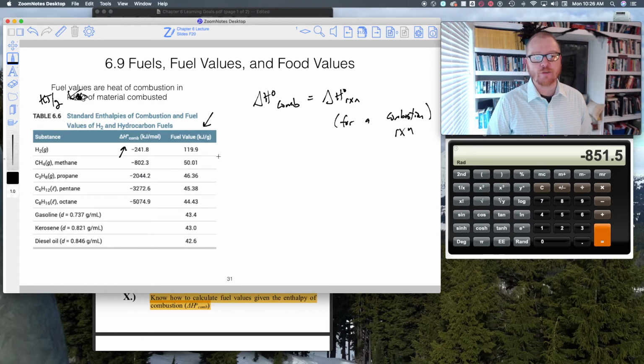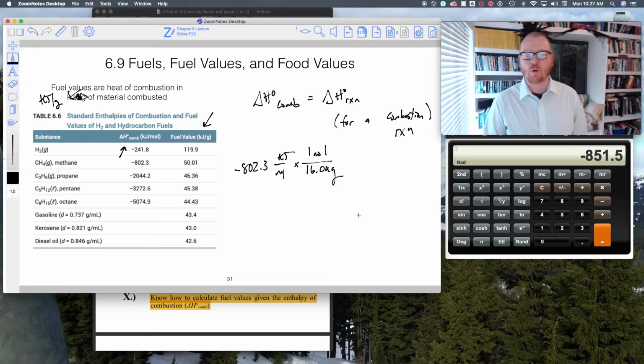So this is very straightforward to interconvert these two things. So for example, with methane, this negative 802.3 kilojoule per mole, okay, I can easily convert that into its fuel value by the following. So I just recognize that 1 mole of methane is, what is it? It's roughly 16.04. I've got that memorized. 16.04 grams of methane, okay?